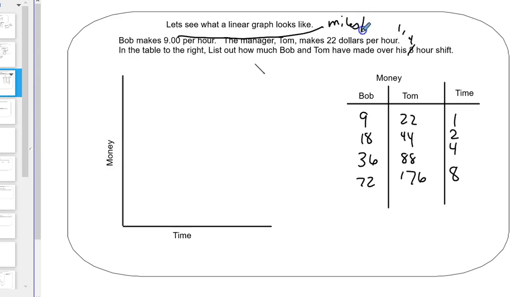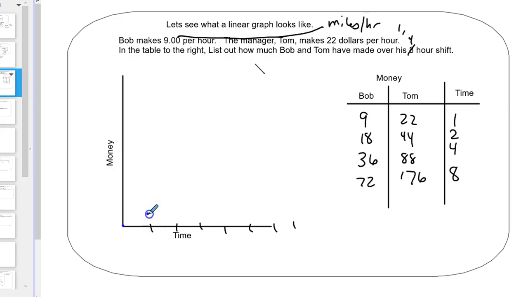So as we look at this, this could be dollars per hour, or it could really be miles per hour, right? I mean, it's just a relationship. So you mark out your times here and your hours. Maybe we'll do 8 hours, and let's do Bob in blue.